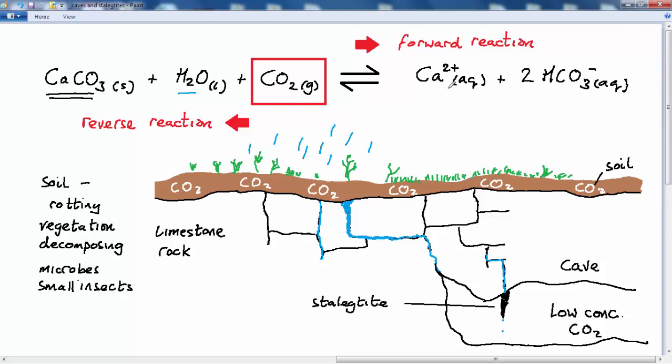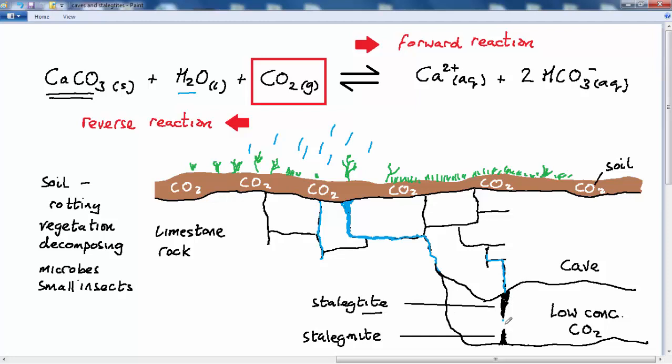Okay, the reverse reaction still continues, and the ions continue to rejoin to form water, carbon dioxide gas, and calcium carbonate on the cave floor, and so we get the reverse process. Here we get a stalagmite. Okay, so the stalagmites form on the floor. Stalactites, remember, stalactite, because they have to hold on tight. All right, that's how you remember that one. They have to hold on tight to the roof of the cave.